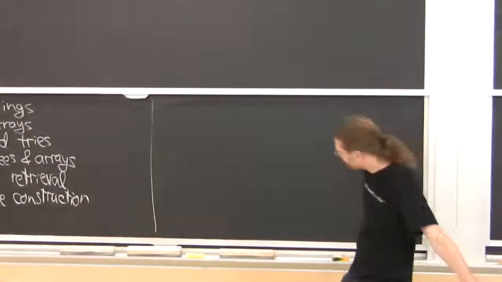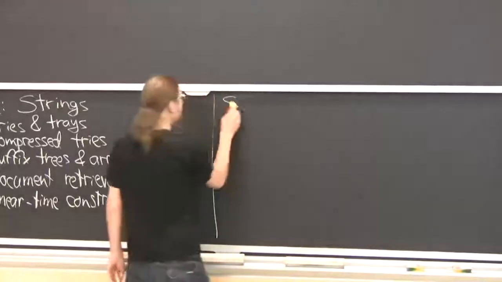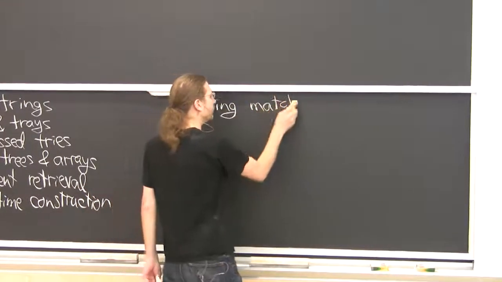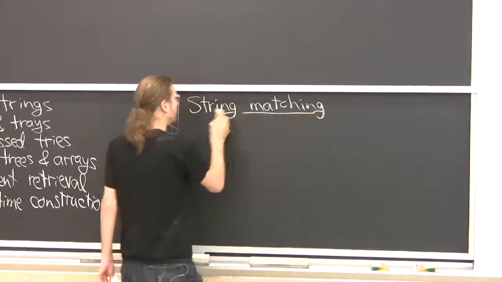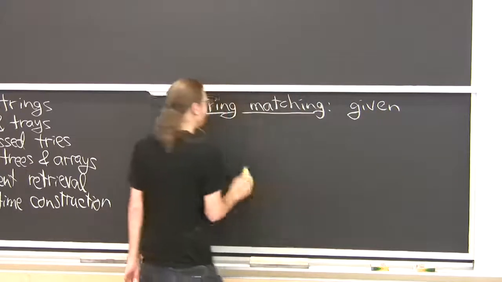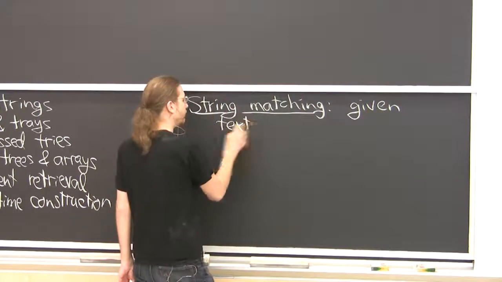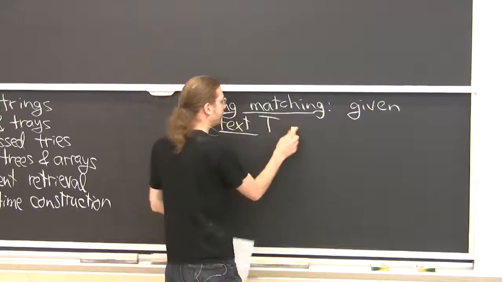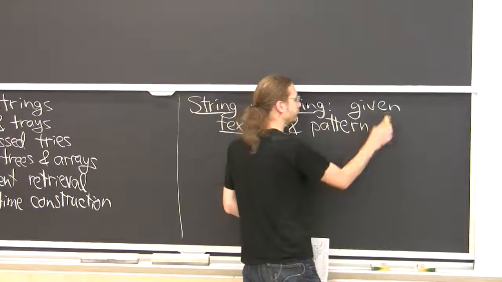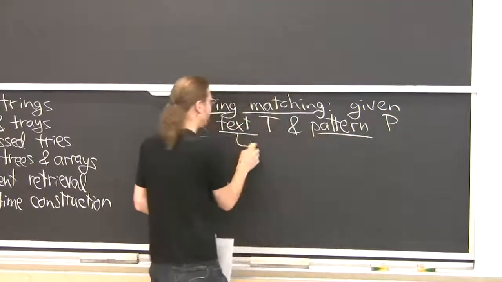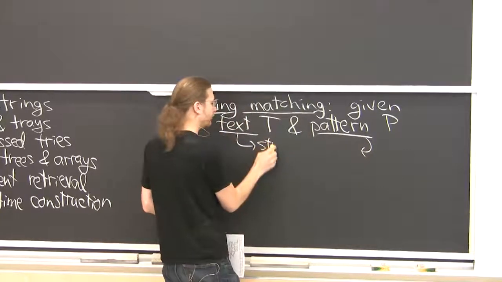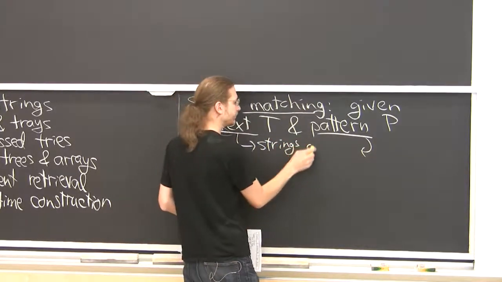So the general problem we're interested in solving today is string matching. And in string matching, we're given two strings. One of them we call the text, T, and the other one we call a pattern, P. So these are both strings over some alphabet.